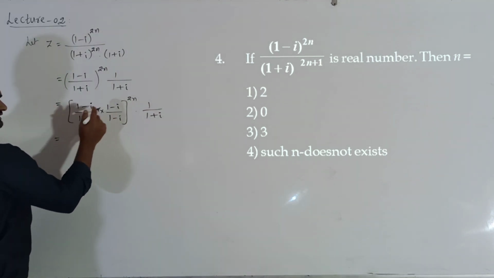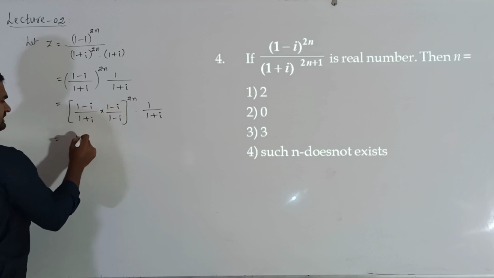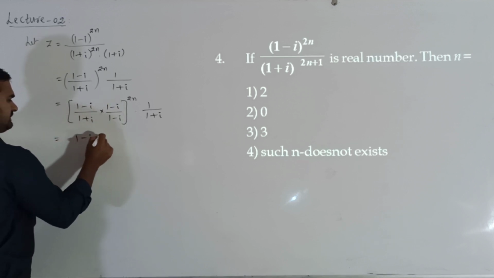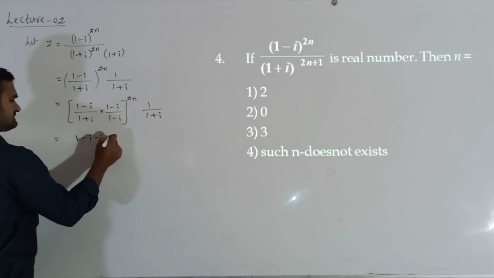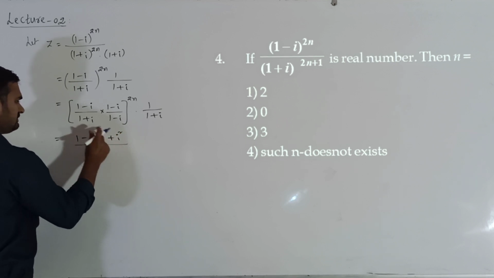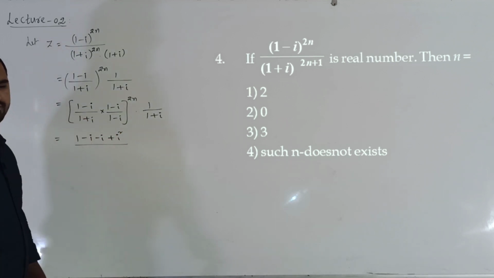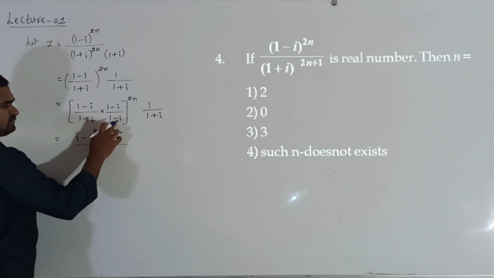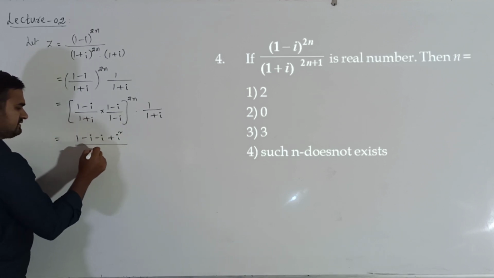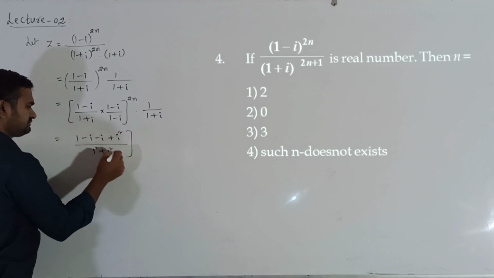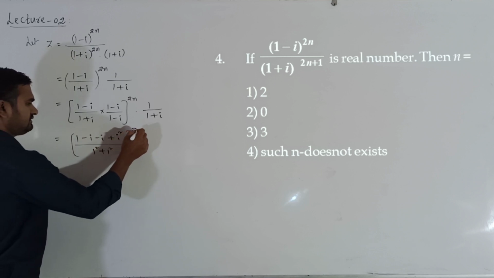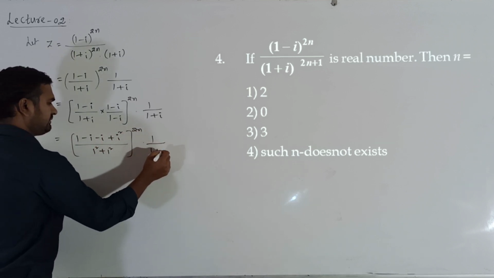What is the numerator we get? Multiply 1 minus i into 1 minus i, minus into minus plus i square. Denominator: a plus ib into a minus ib. What is the product a plus ib into a minus ib? a square plus b square, whole to the power of 2n into 1 by 1 plus i.